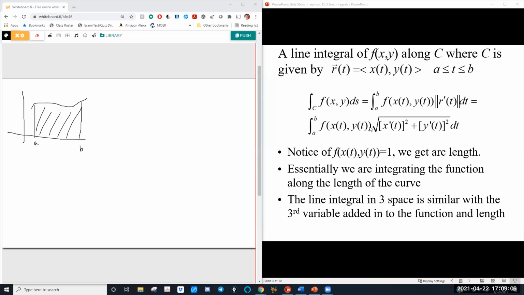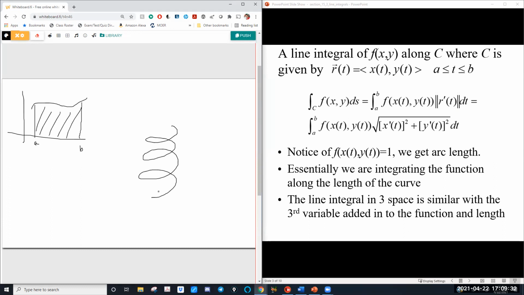So if this function is a density, for example, then what we're getting from the integral would be the mass of the curve. We can do these in 3 space too. If you remember back to when we did space curves, we did the spiral, we had the slinky.